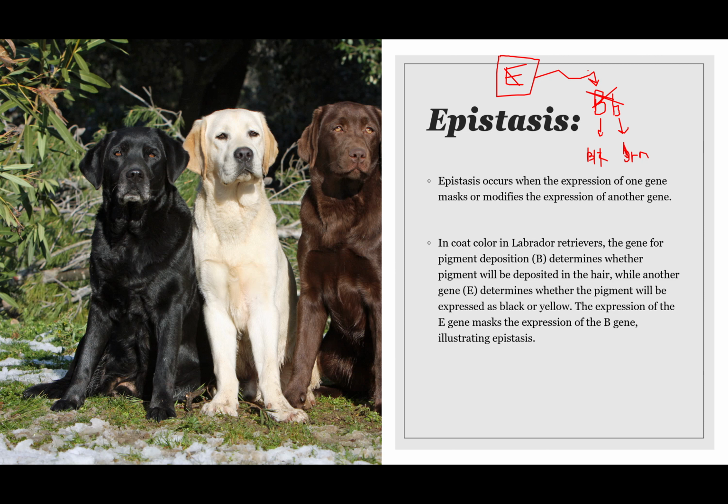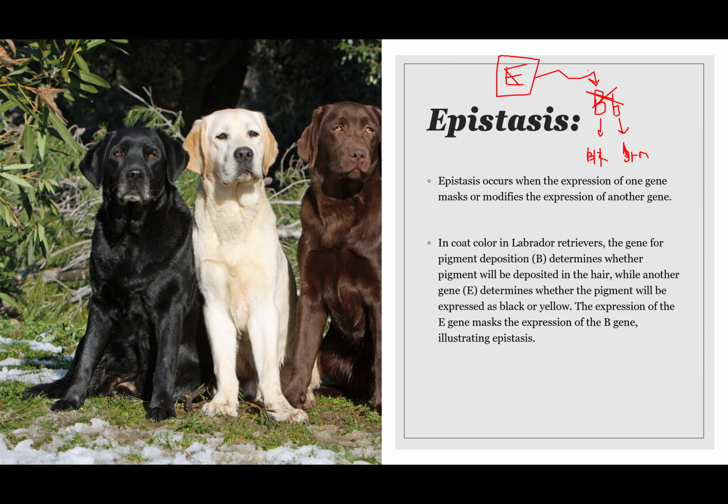The gene itself really does nothing, but controls something else. I'm not sure if that makes a bit more sense. So it can mask, meaning it can shut off, or it can modify the expression of another gene.